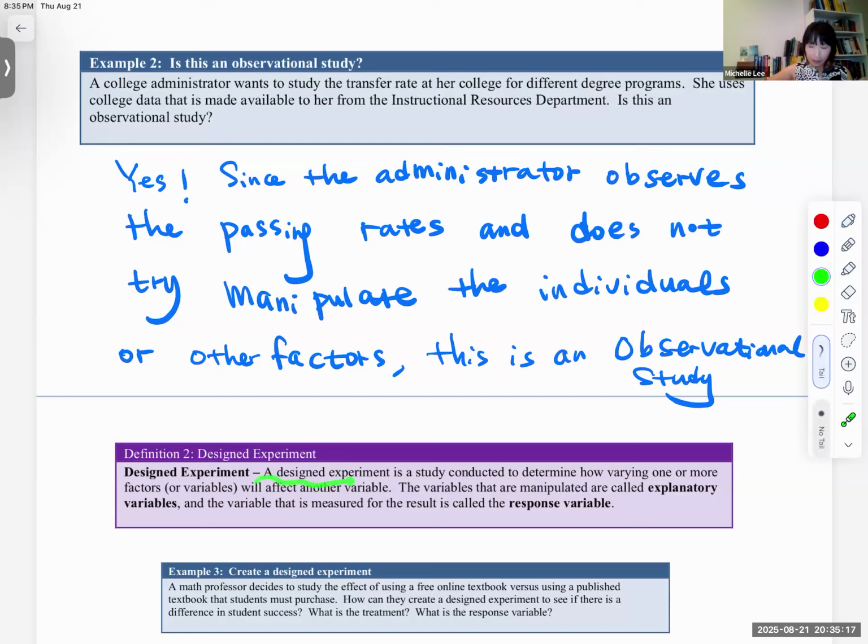A designed experiment is a study conducted to determine how varying one or more factors will affect another variable. The variables that are manipulated are called explanatory variables, and the variable that is measured for the result is called the response variable.